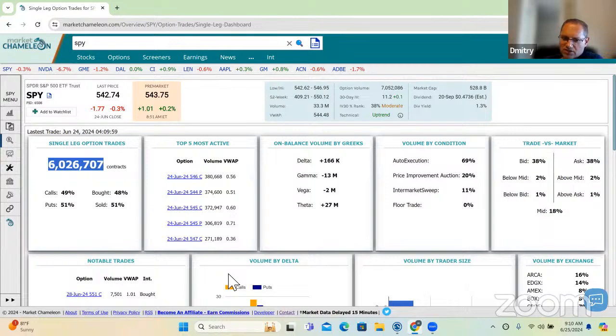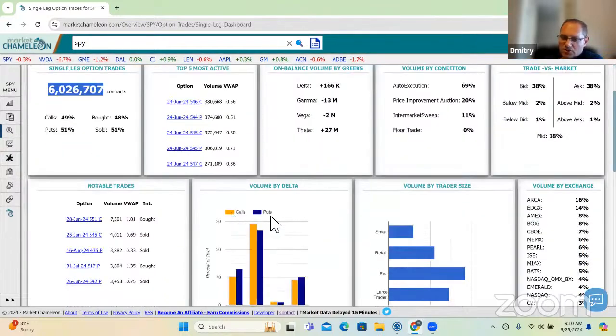So over here, you see we have calls in the yellow, puts in the blue. And then at the time of the trade, we could tag what the delta was of the option. So if the delta of the option is low, that means it is an out of the money option. It could be a wing. If the delta of the option is close to 50 delta, that means it's an at the money option.